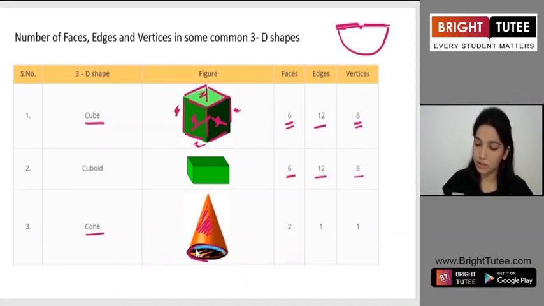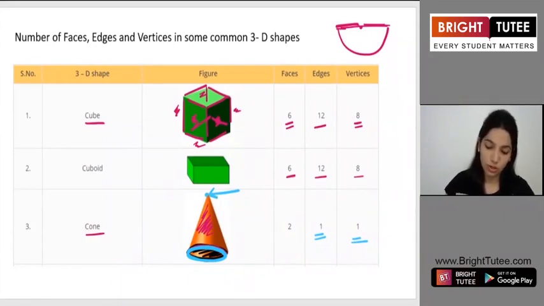The edge that you will see is just this one. This is the edge of your cone. So in a cone, you just have a single edge. Now coming to vertices, it has just a single vertex, just a single corner at the topmost point. So this is the vertex for our cone.